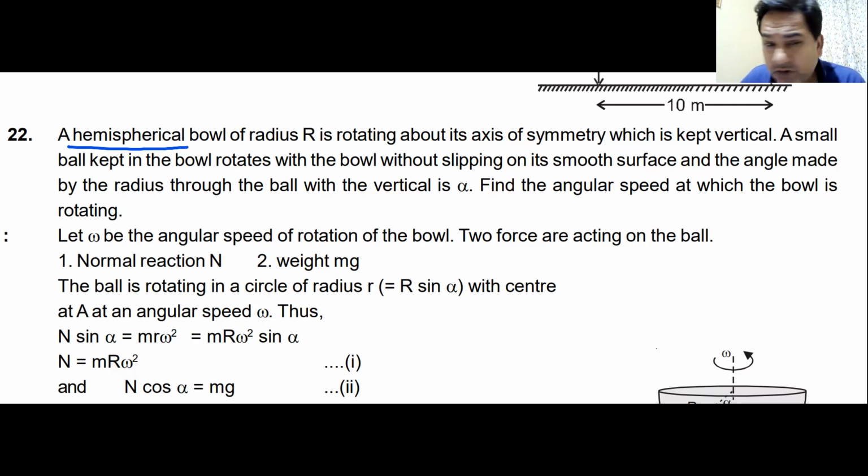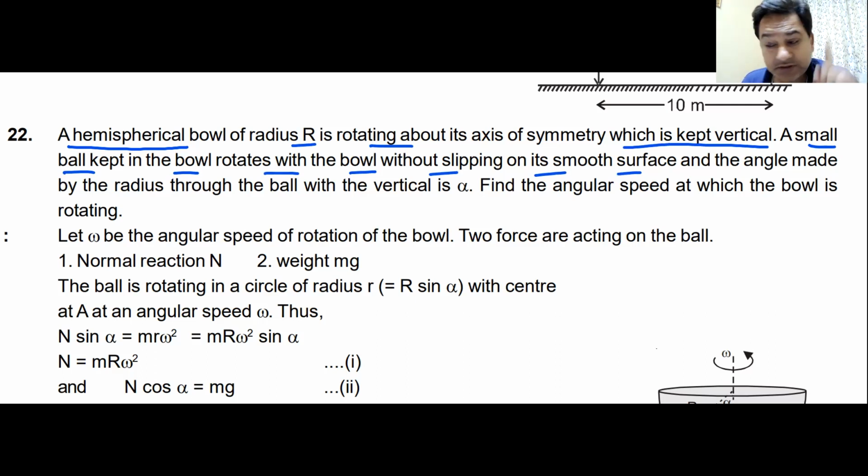So a hemispherical shell bowl of radius r is rotating about its axis of symmetry, which is kept vertical. So the bowl, a half football, is kept vertical and it is rotating. A small ball is kept in the bowl and rotates with the bowl without slipping on its smooth surface.